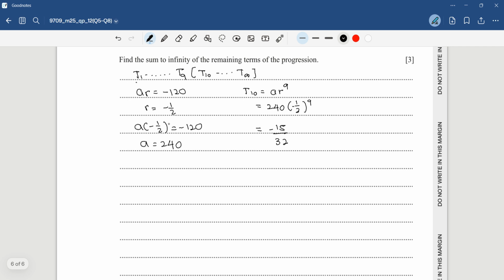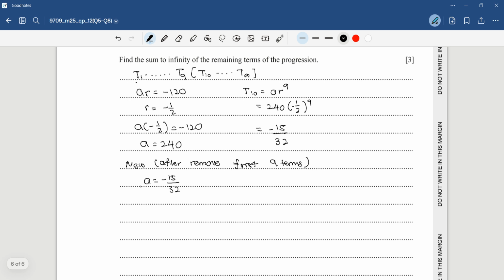Okay, so now in order to find the new sum to infinity, my a is equal to negative 15 over 32, my new a. Okay, this is for my new term after removing the first 9 terms.